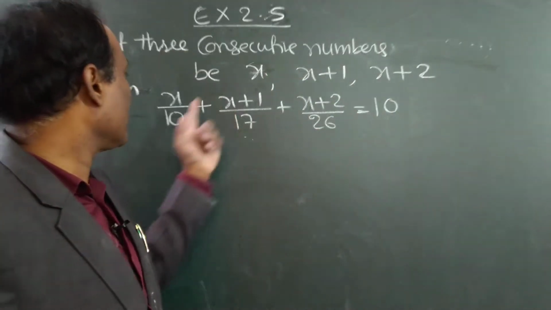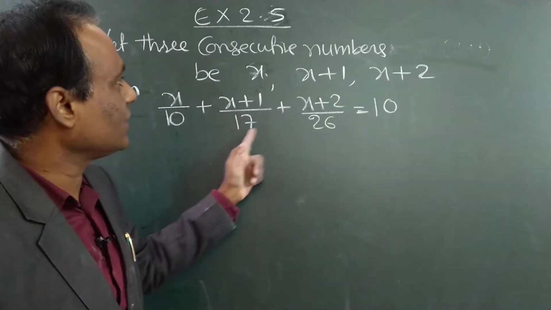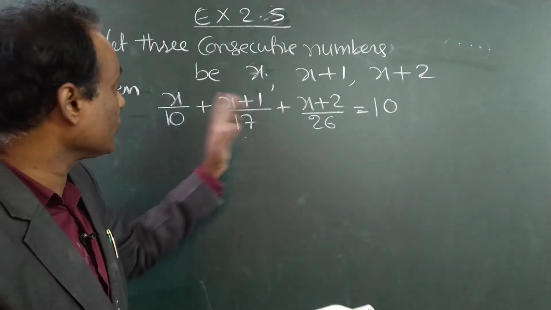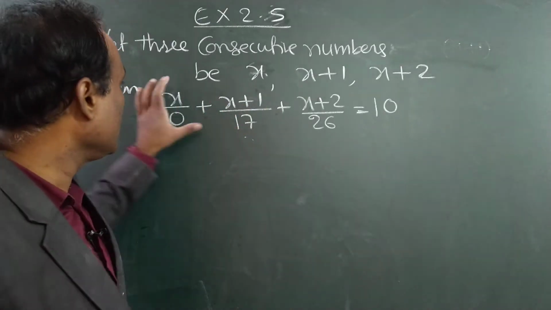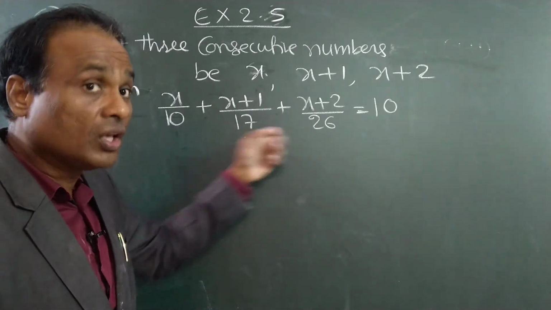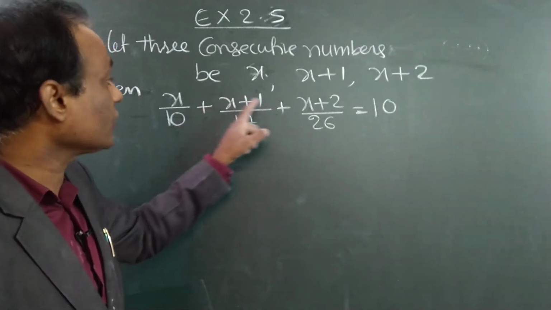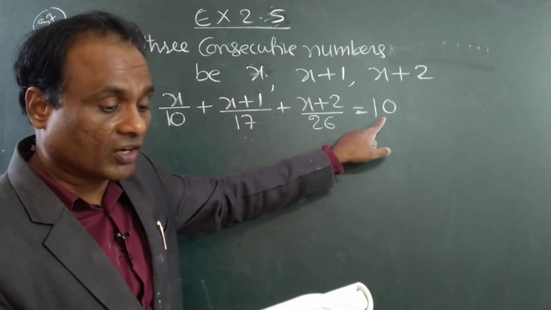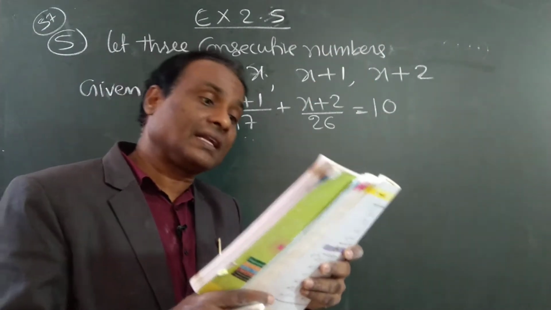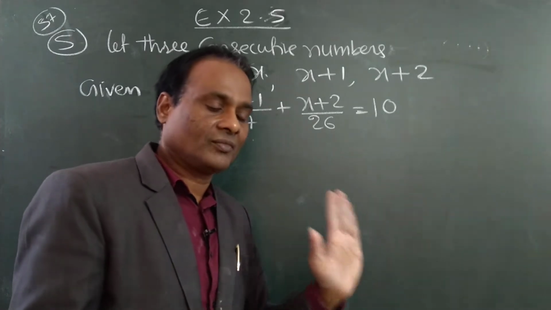After dividing, you will get three fractions, no? Sum means plus. So, the sum of these three fractions is equal to 10. Read the question. That's all. This is given.